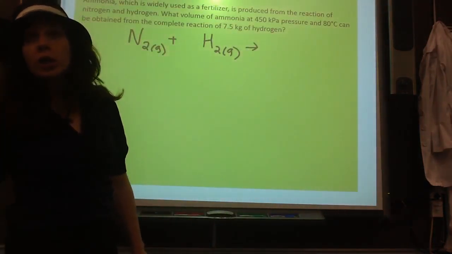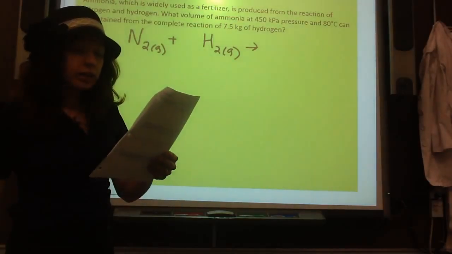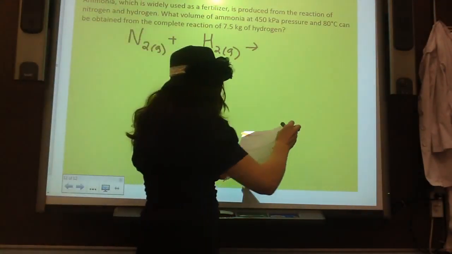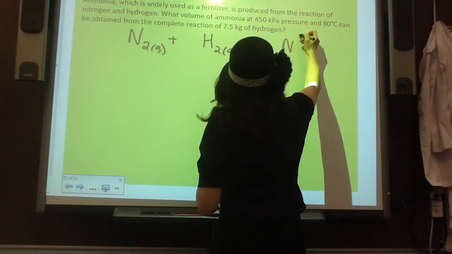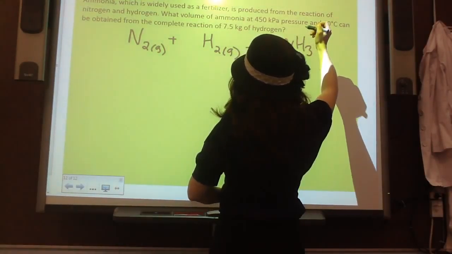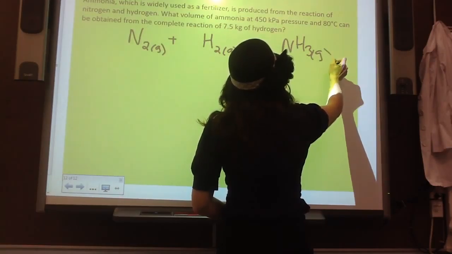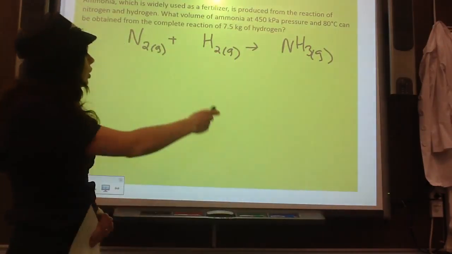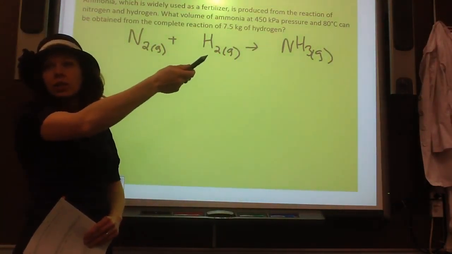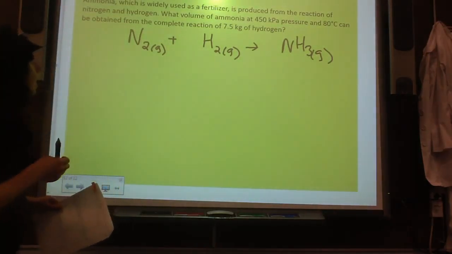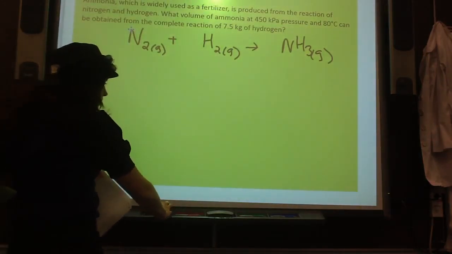Now ammonia is one of those memorization ones. What is ammonia? NH3. And since we're dealing with gas laws, we're assuming that at this temperature and pressure, it's going to be gaseous, okay? All right, let's balance this out.